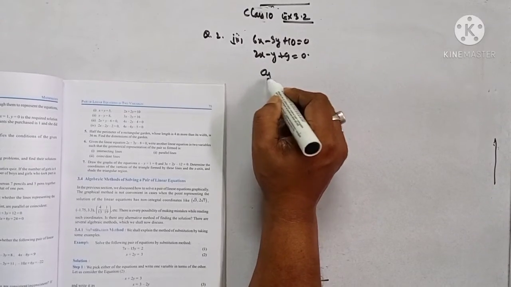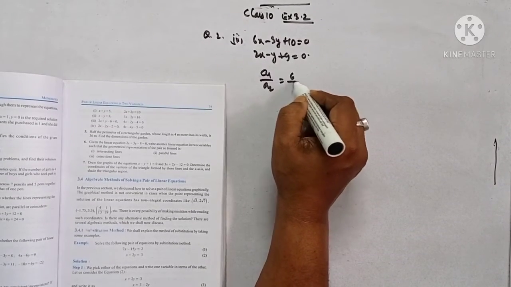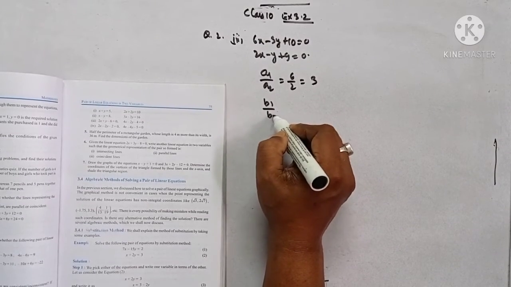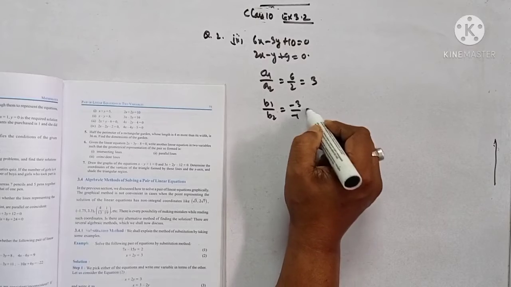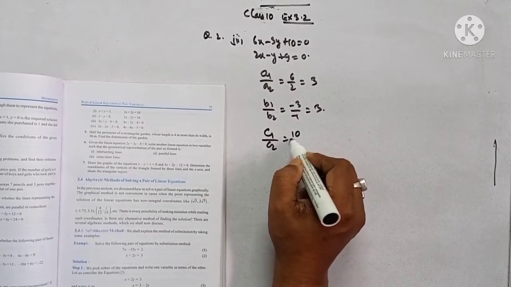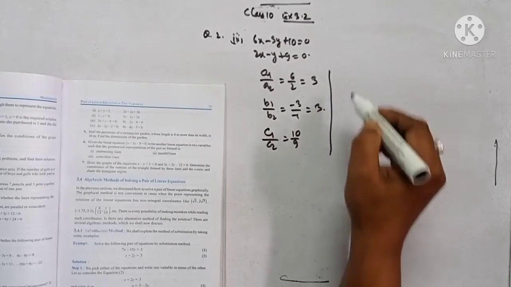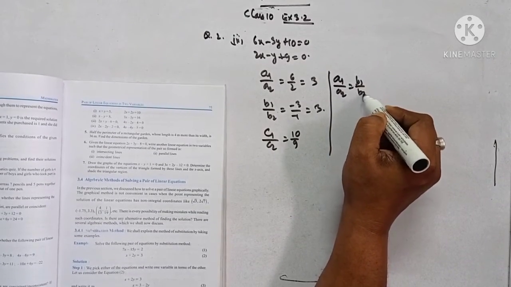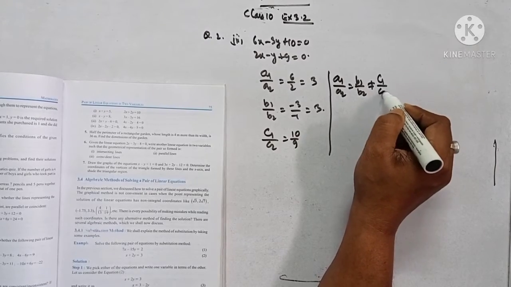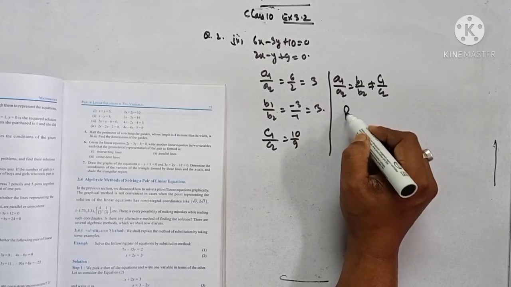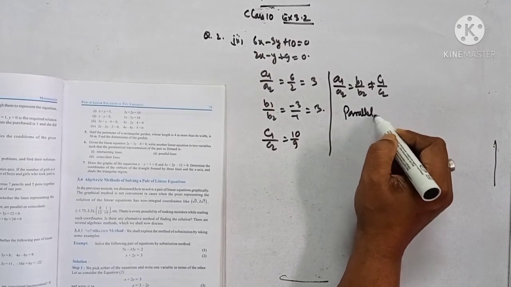Here a1 by a2 is 6 by 2, that is 3, b1 by b2 is minus 3 by minus 1, that is 3, and c1 by c2 is 10 by 9. So a1 by a2 equal to b1 by b2 not equal to c1 by c2. So they are parallel lines.